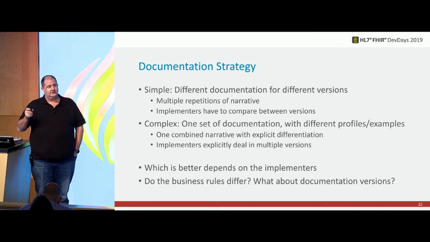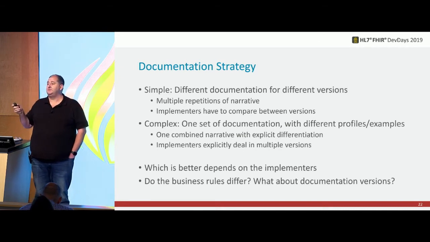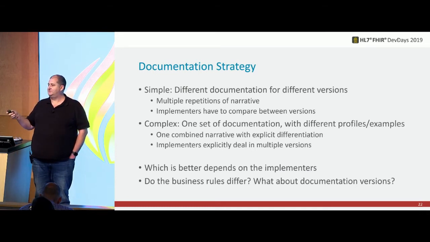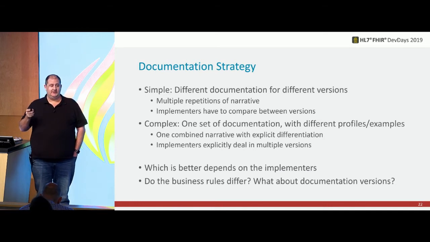And that's kind of cool for the people who are doing only 1 version, but it's kind of difficult to maintain because you'll have multiple repetitions of the narrative. For sure they'll get out of sync because that's how it works. And then if the implementers are actually doing both versions, which some of them will be, they're ending up cross-comparing to see if anything's different between the versions and trying to figure out whether they are or not.